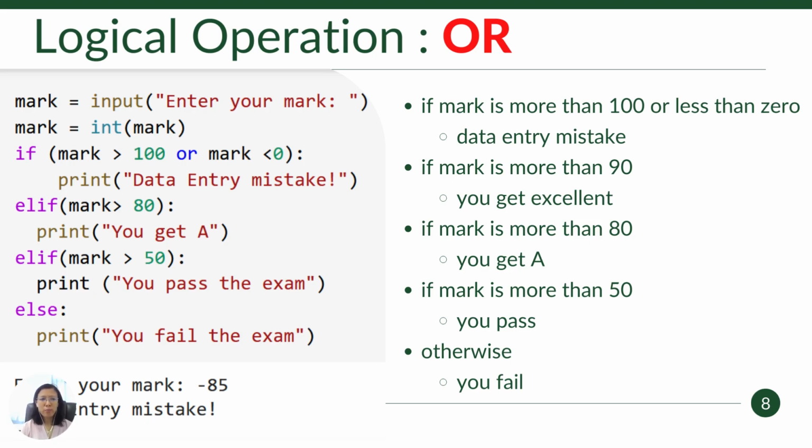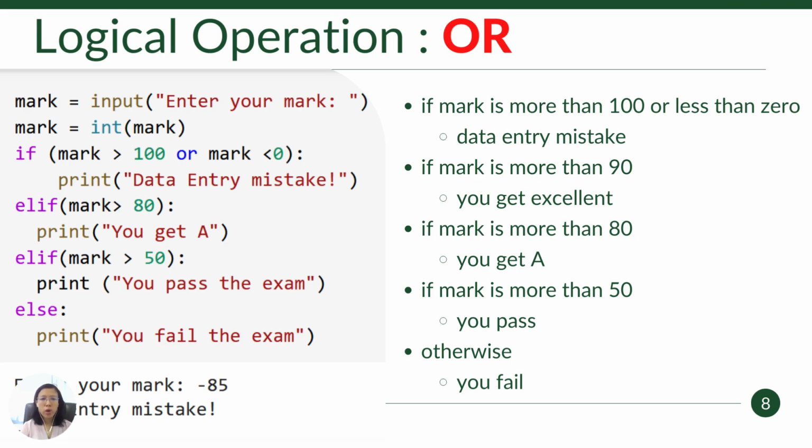This is a data entry mistake, because our score cannot be more than 100 or a negative value. So we are going to say that if the score is more than 100 or the score is less than 0, then we will print out data entry mistake.